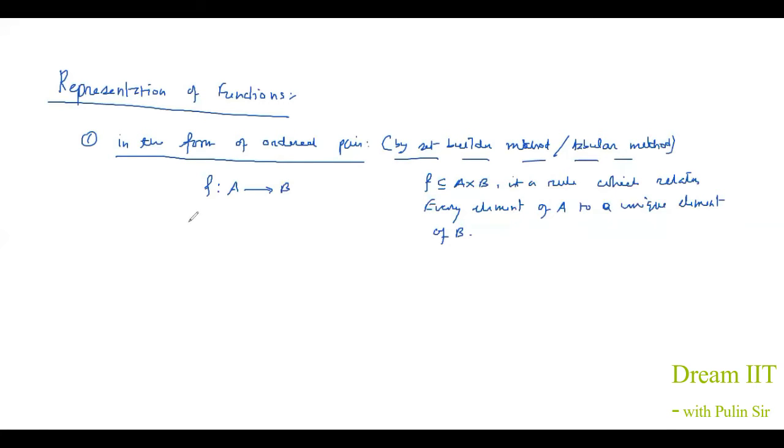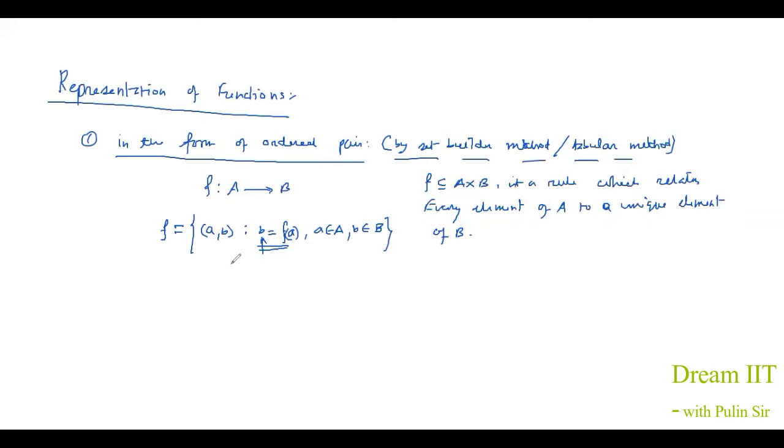So f can be written with the help of the set builder method in the form of ordered pairs (a, b) such that b is equal to f(a). This is the rule, and a is taken from set A and b is taken from set B, and we have to be assured that this b is unique. That means one and only one b will get against every a.